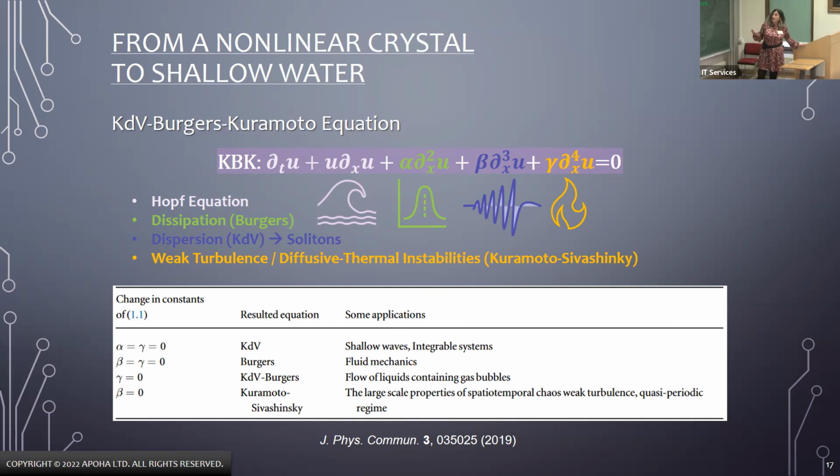It is the KdV-Burgers-Kuramoto-Sivashinsky equation. It's an equation that puts together in the first two terms the Hopf equation. For those who are not experts, I will tell you very briefly what it means. The Hopf equation is the equation that is able to model surf wave breaking. This equation can be regularized in general in two ways, either in a dissipative or a dispersive way.